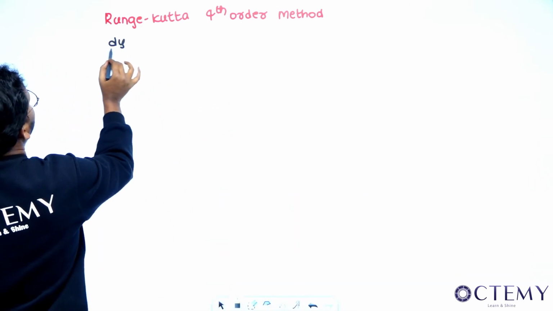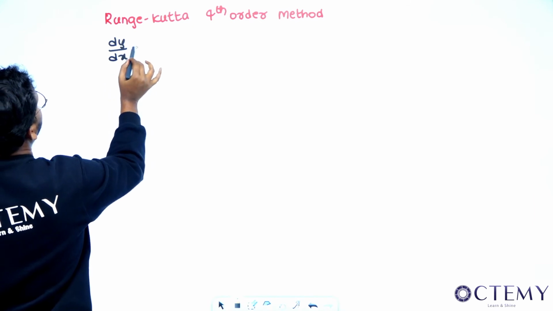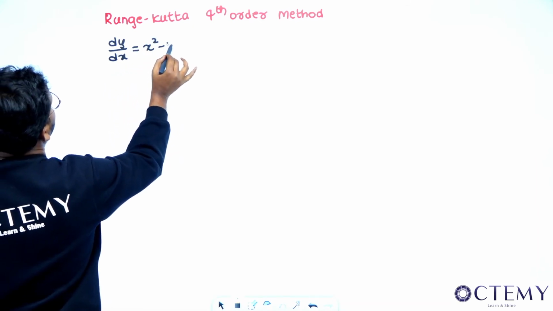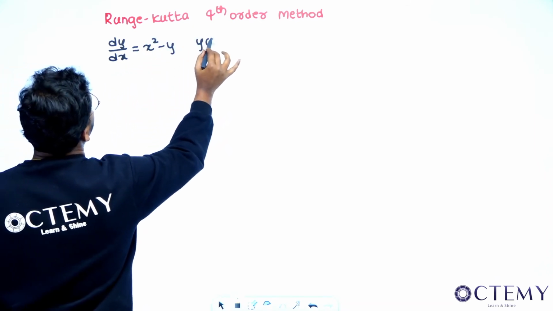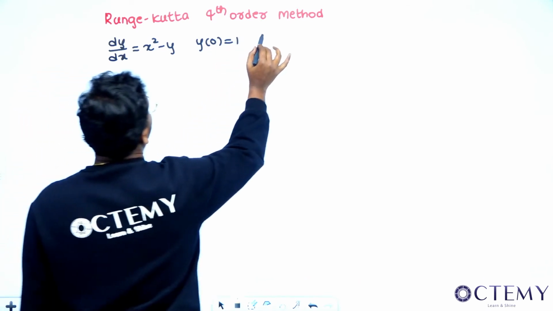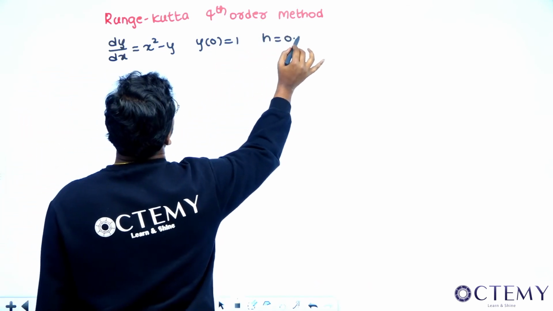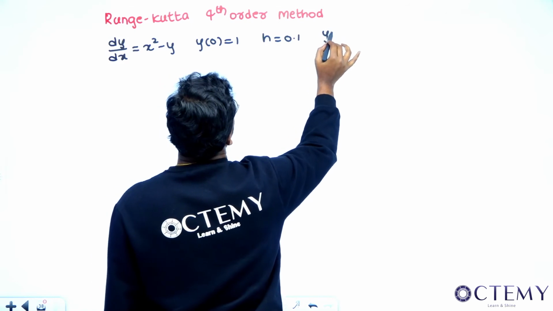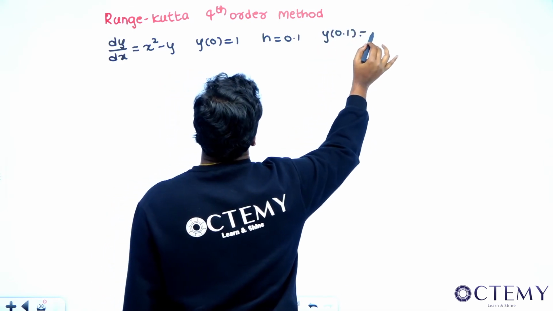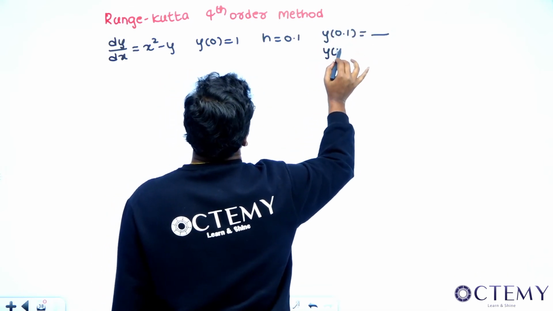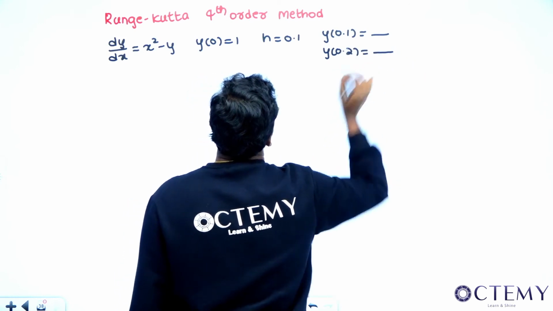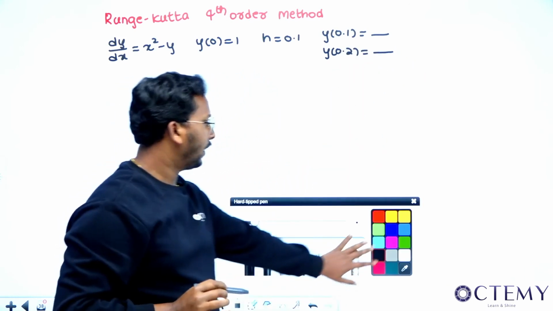The question is dy by dx is equal to x square minus y, and y of 0 is equal to 1 and h is equal to 0.1, and we have to find y of 0.1 is equal to dash, y of 0.2 is equal to dash. Very good, sir. So let us do this.